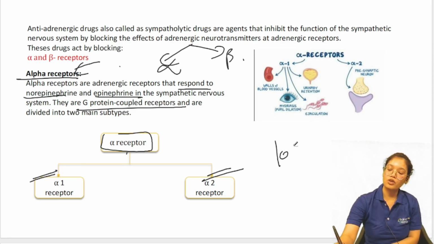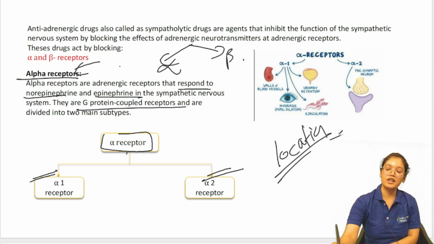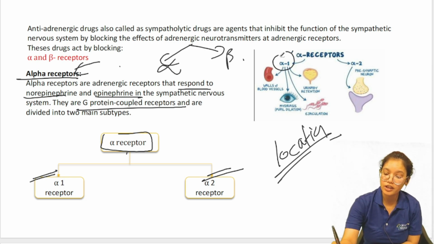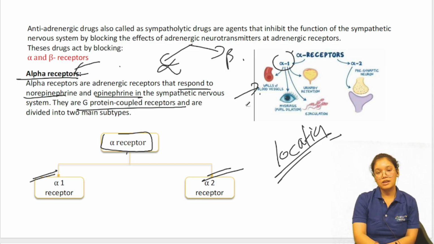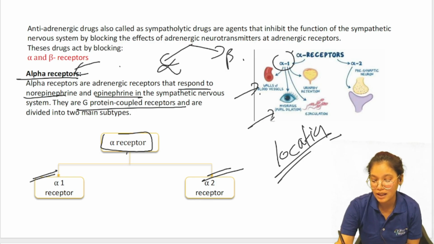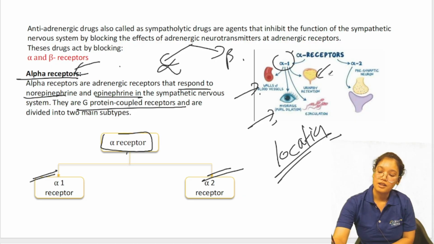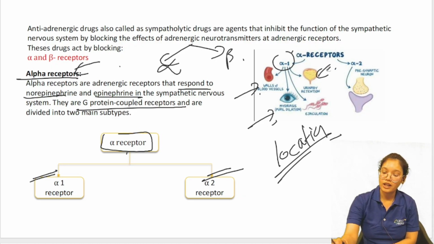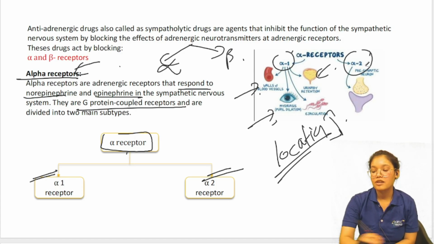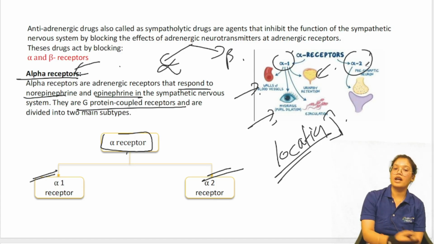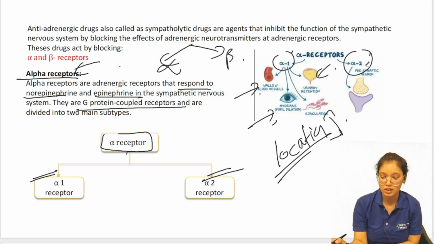Now talking about the location, the alpha 1 receptor is found at the smooth muscles of the blood vessels, the eyes, the smooth muscles of the urinary tract and the reproductive system. The alpha 2 receptor is found at the presynaptic neurons.